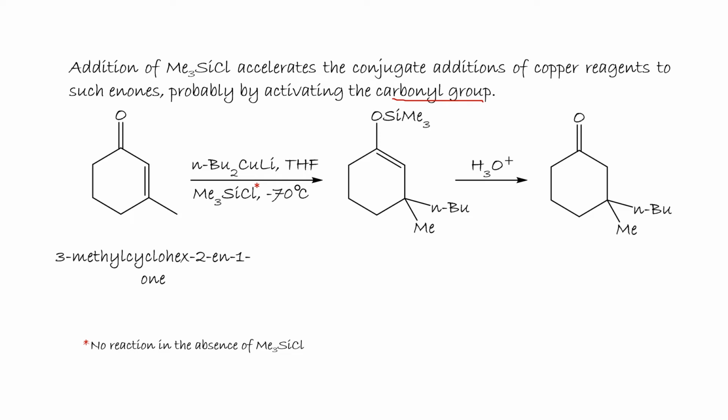So, reacting 3-methylcyclohex-2-en-1-one with lithium dibutyl cuprate in tetrahydrofuran in the presence of trimethylsilyl chloride at -70 degrees Celsius led to the 1,4 addition, where the n-butyl group bonded to this carbon, the beta carbon, with formation of the silyl enol ether, followed by hydrolysis to furnish this compound, the cyclohexanone derivative.